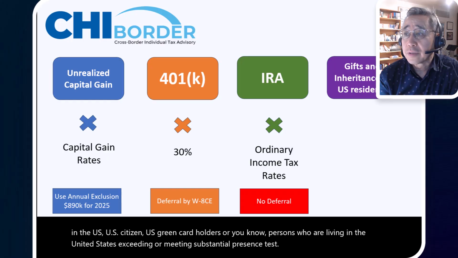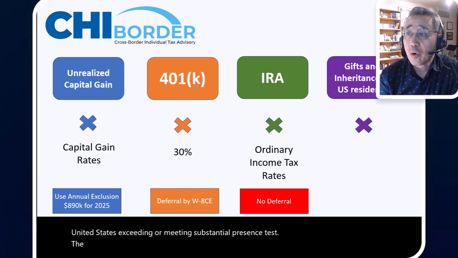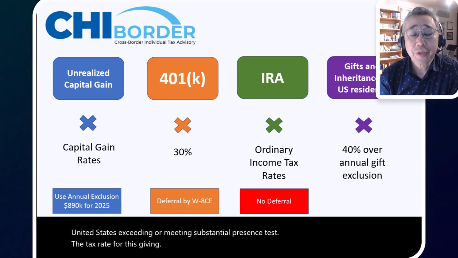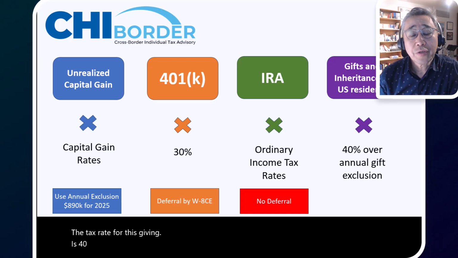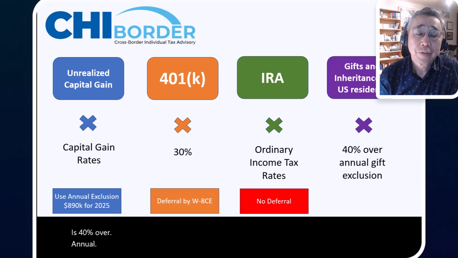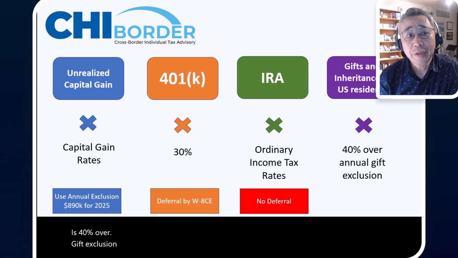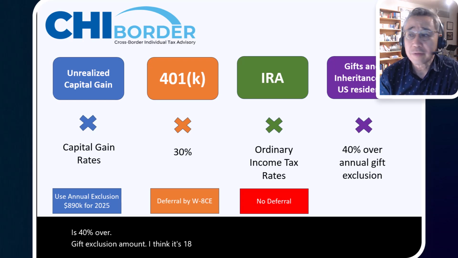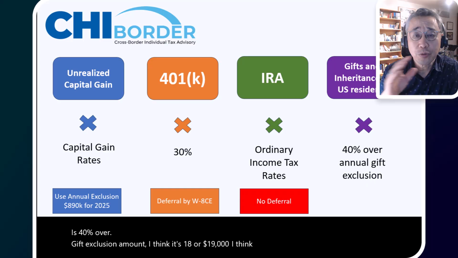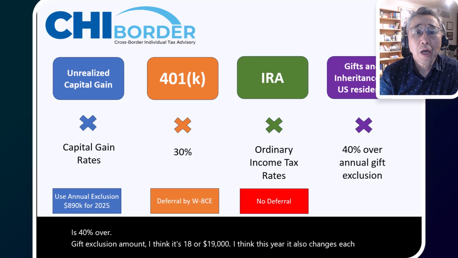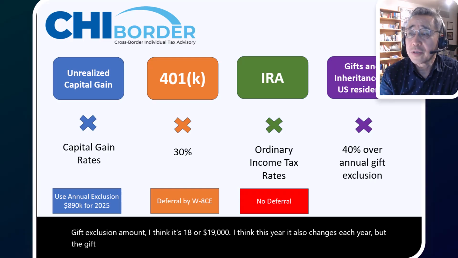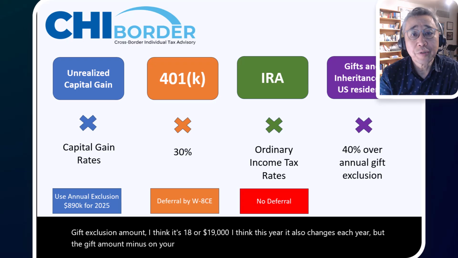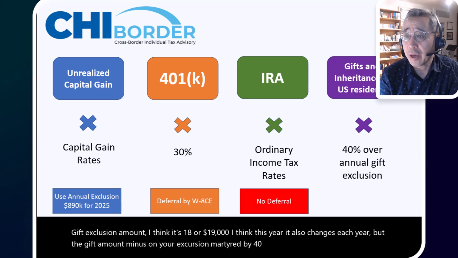Then the tax rate for this giving is 40% over the annual gift exclusion amount. I think it's 18 or $19,000 this year, and it changes each year. But the gift amount minus the annual exclusion, multiplied by 40%, is your tax.